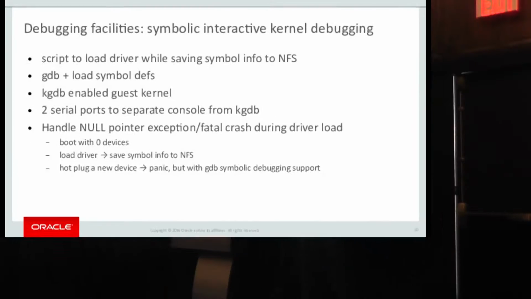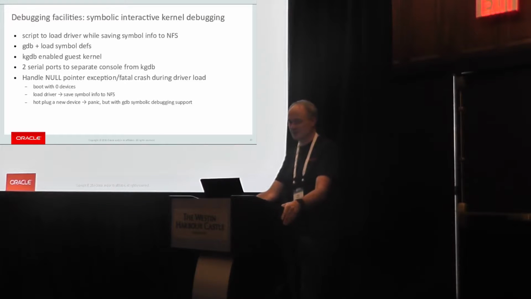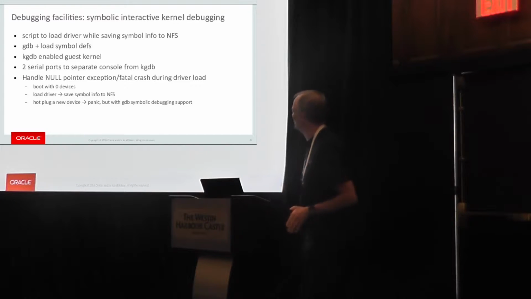Another feature that was really useful: since I'm a software guy, I really don't like having to read assembly code to figure out where the crash occurred. So I really love to have KGDB support whenever possible.